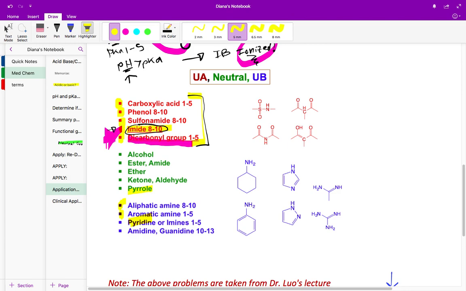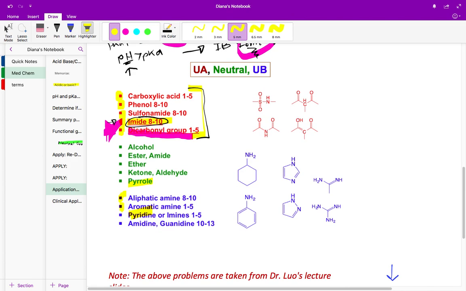So make sure you can see the difference between the pyridine and the pyrrole functional groups. And this one, amidine and guanidine, wasn't one of the pKa's that you would have to have memorized. So just focus on the highlighted ones over here.